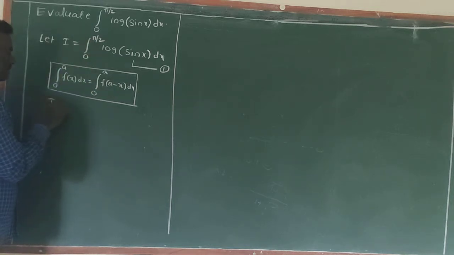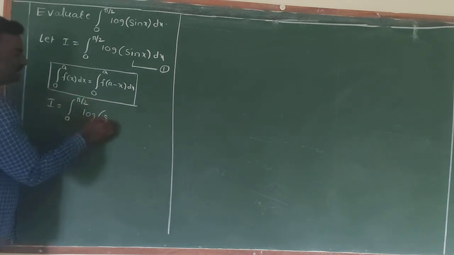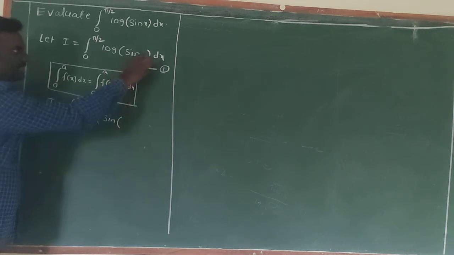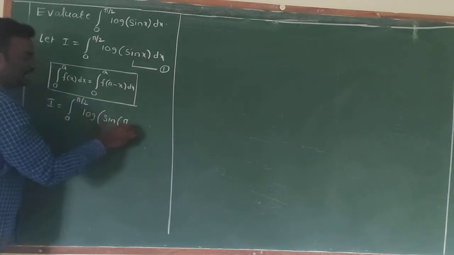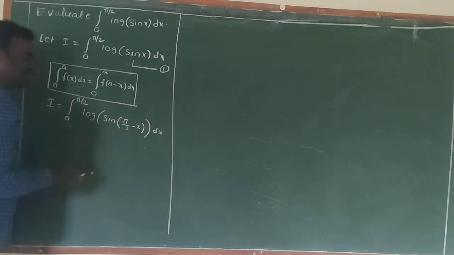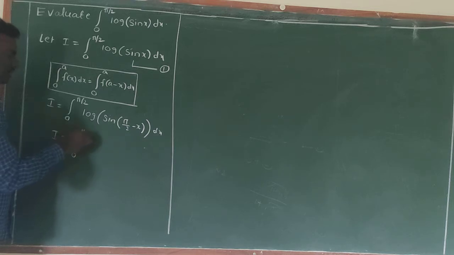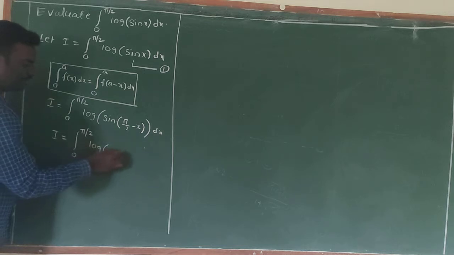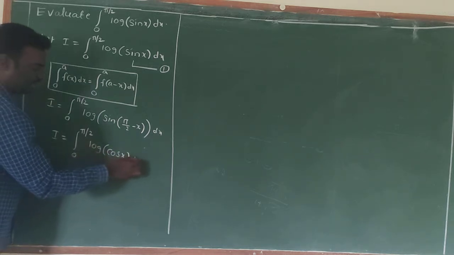Then I equals integral 0 to pi by 2 log sin of a minus x. Sin 90 minus theta is cos theta. Then I equals integral 0 to pi by 2 log of cos x dx.